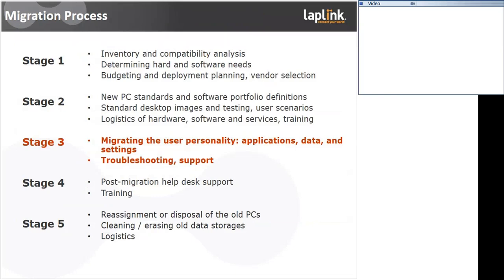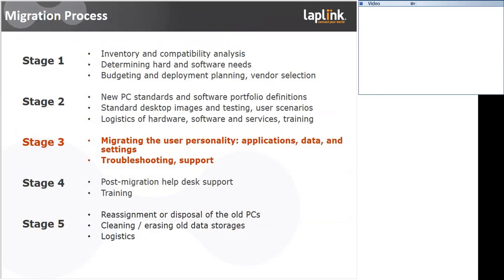So when we talk about the migration process, I like to divide the whole refresh project into 5 stages. Stage 1 is the inventory and compatibility analysis, determining what hardware and software needs you have. And I think you're probably doing that very well. This is a pretty known and documented process.